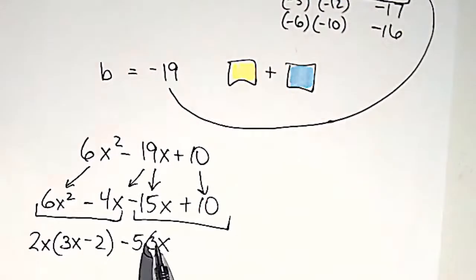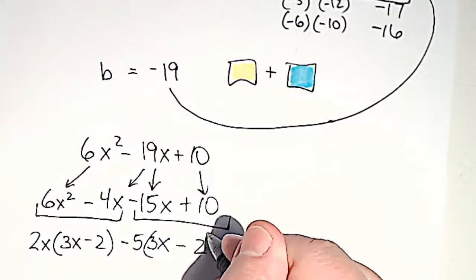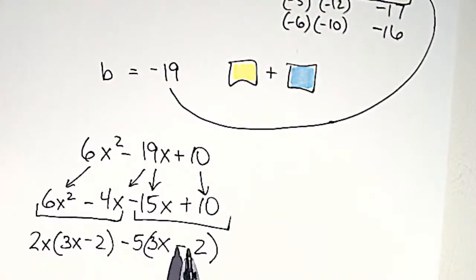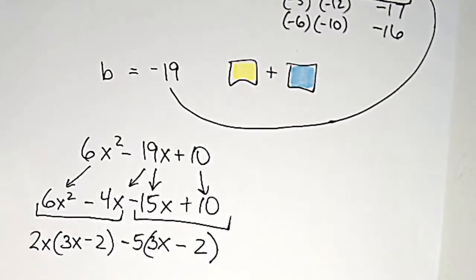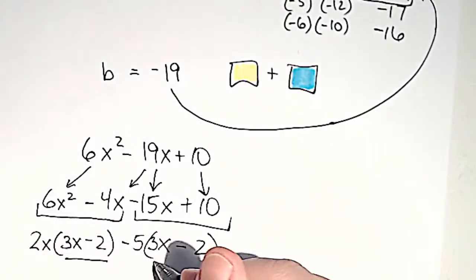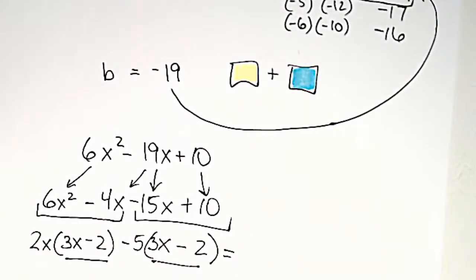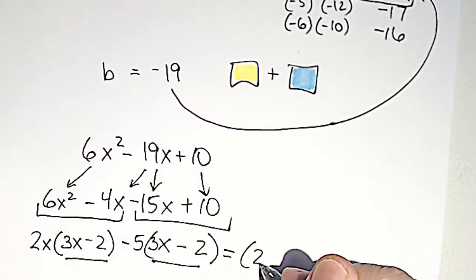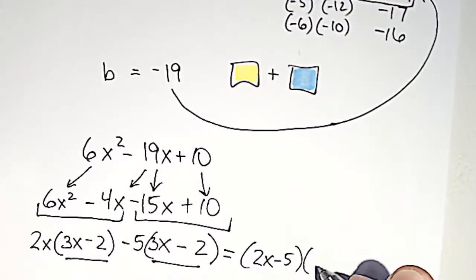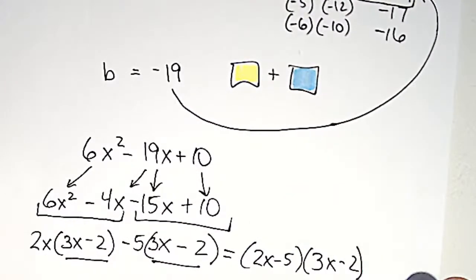Sorry about that. If I factor out a negative 5, I get 3x here, and this becomes minus 2. Notice that minus there, it's a sneaky one. And then we cross our fingers, and it did work. The 3x minus 2 they do match. So I get 2x minus 5 times 3x minus 2.